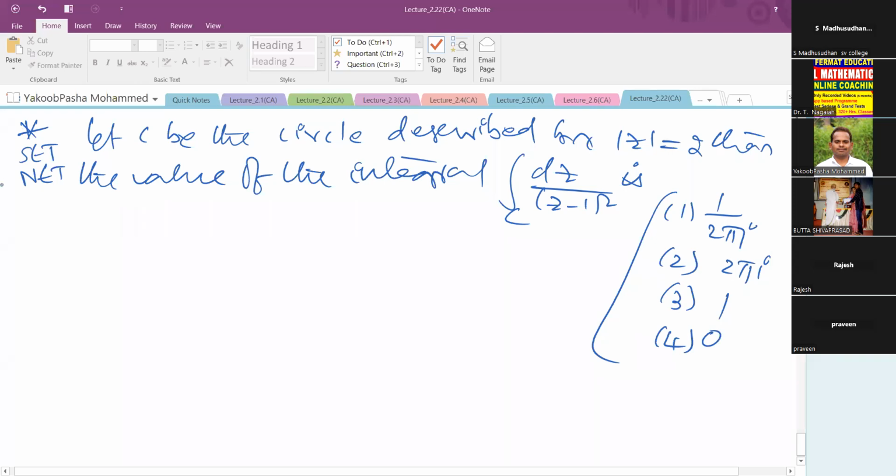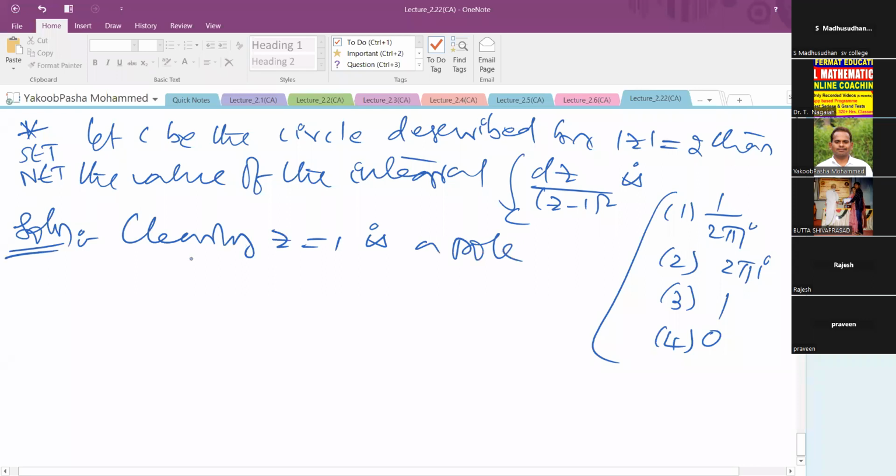So I have to observe here clearly, z is equal to 1 is a pole of order m equal to 2. It means when we are equating for singularities, we have to equate the denominator to 0. So z equal to 1 is 2 times, so it is a pole of order 2. At this pole, we have to calculate the residue.